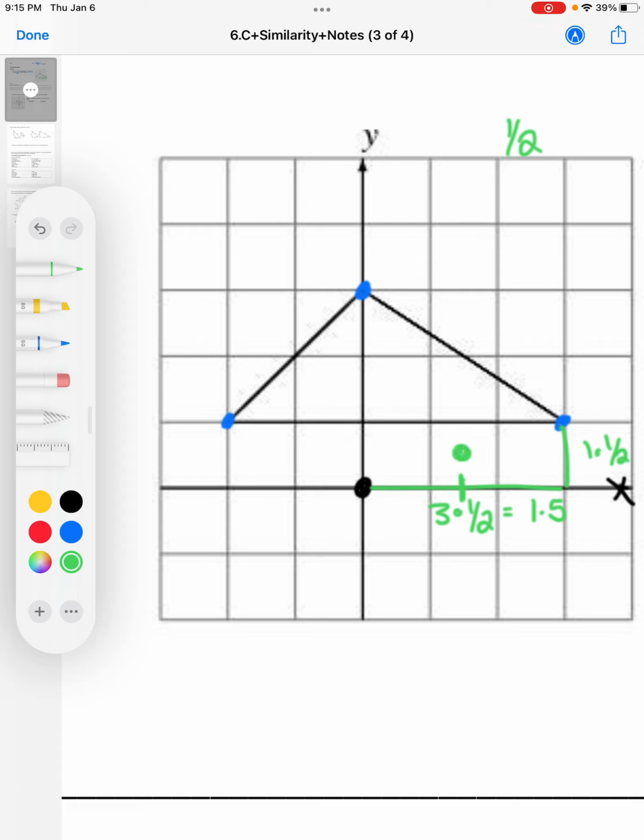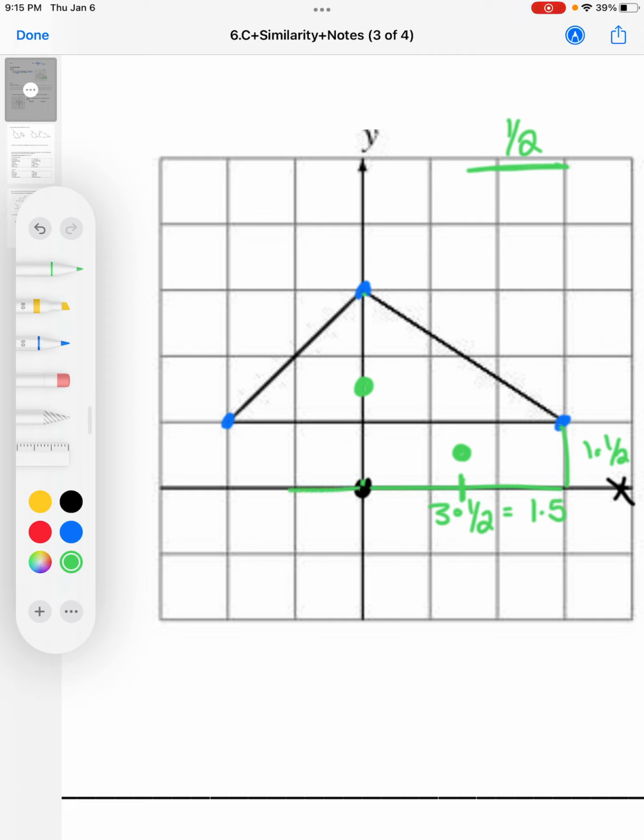So our next point is right there in the middle. Let's go over here. I'm 3 high, which means 3 times 1/2, we just said it was 1.5. So my new point, let's erase this so I can see my point nicely, is right here in the middle. We're timesing our distance by 1/2.